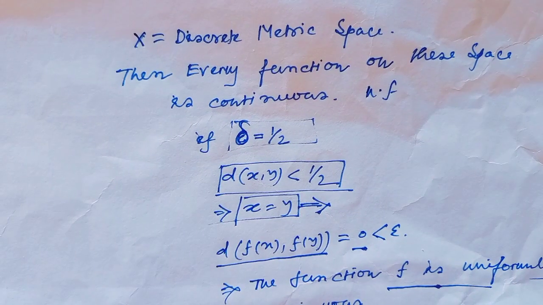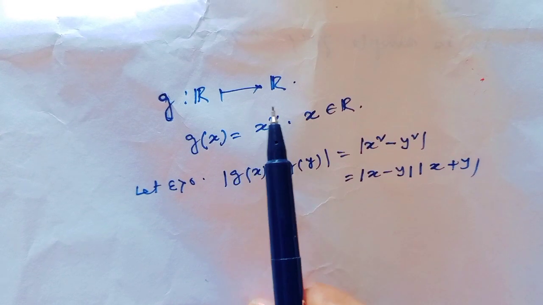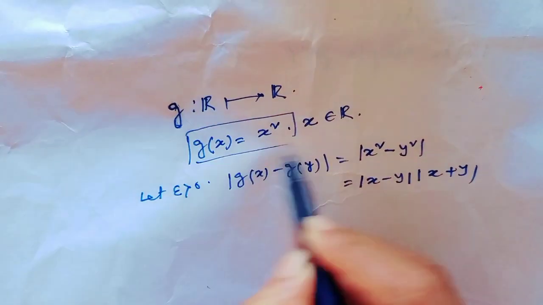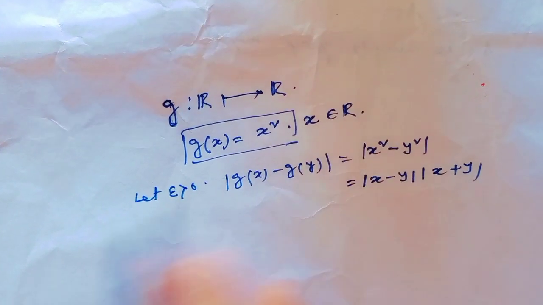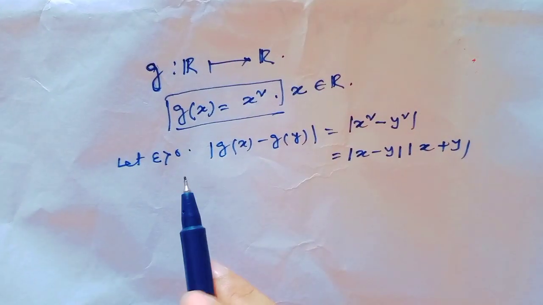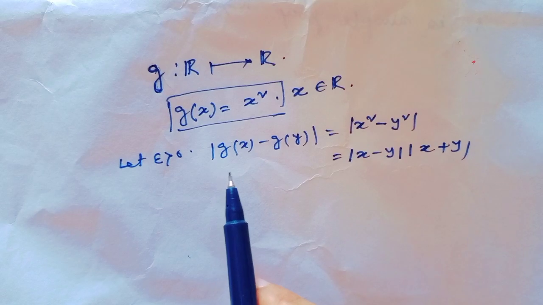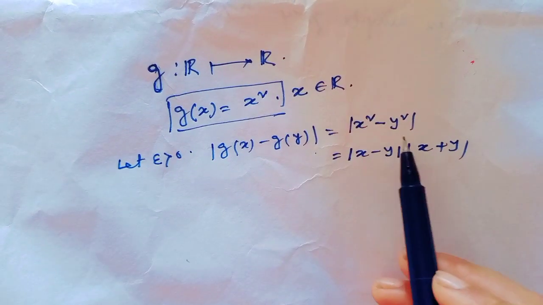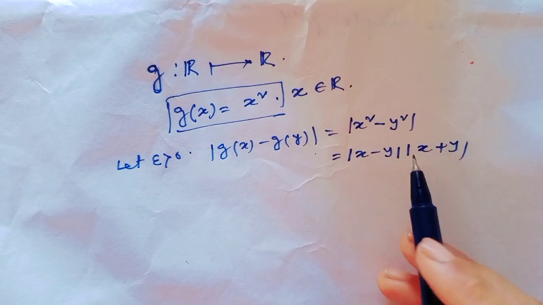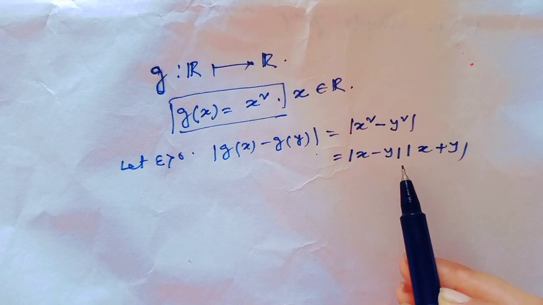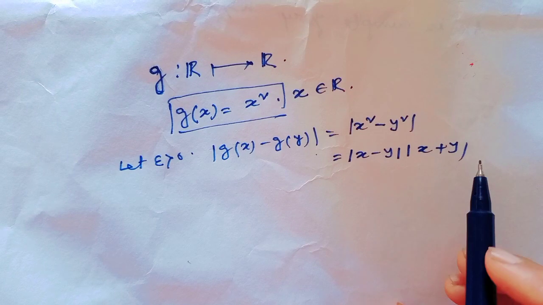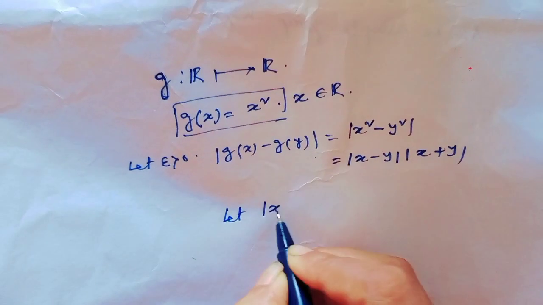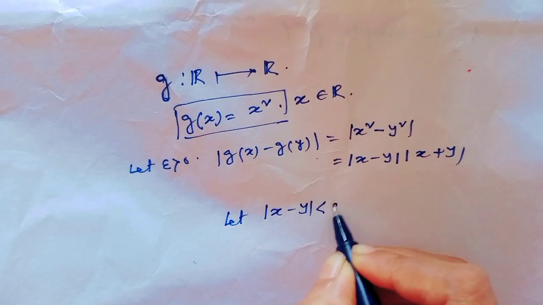Now consider a function g from R to R such that g(x) equals x squared, for all x belonging to R. Let epsilon be greater than 0. Then |g(x) - g(y)| equals |x squared minus y squared|, which equals |x - y| times |x + y|. Let |x - y| be less than delta.